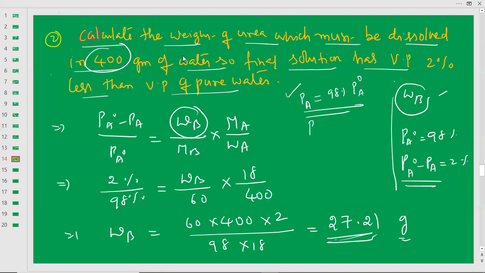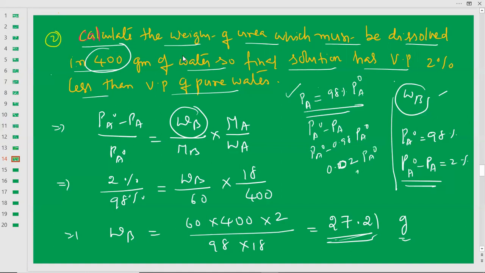Then what is the PA naught minus PA value? PA is 98%, meaning 0.98 into PA naught. So PA naught minus 0.98 PA naught is how much? 0.02 of PA naught.